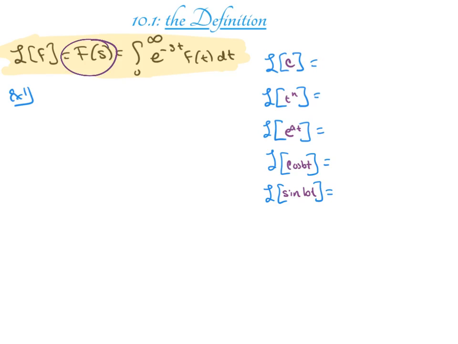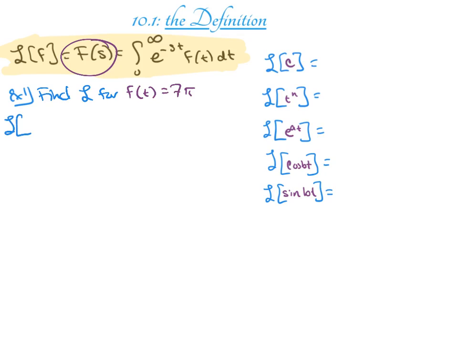So watch what happens for the first one. Let's find the Laplace for f of t equals 7 pi. So a constant. Okay, so here's what we're going to do.